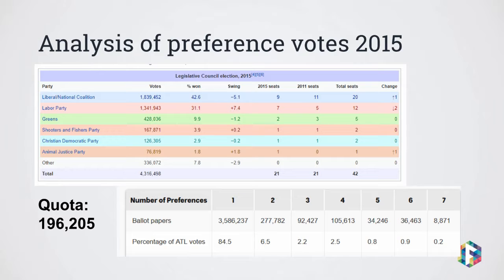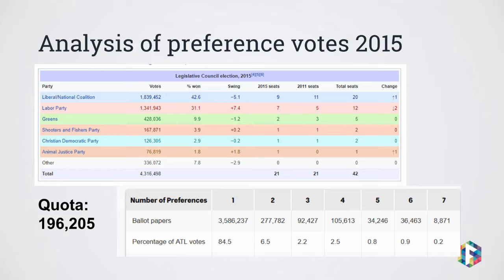New South Wales uses a system of counting known as optional preferential voting for the upper house elections. What this means is that people are not obliged to list preferences, and parties don't get to transfer preferences. People simply get to put a number 1 through to how many preferences they want to allocate.